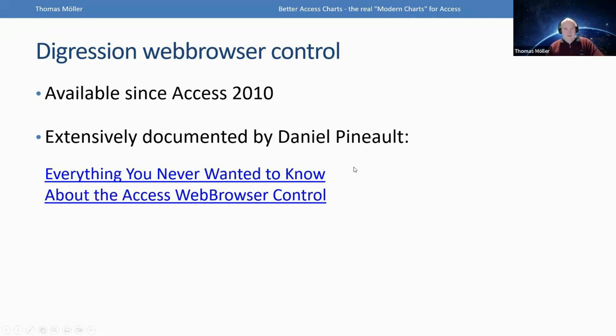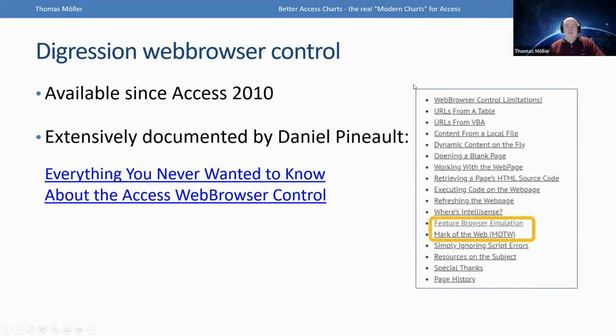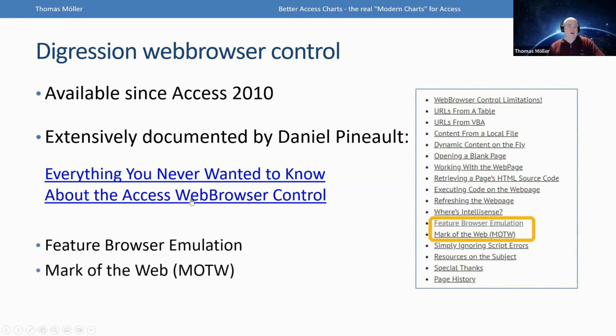I think that this is saying all we have to know. And I have a screenshot here with this table of contents. I marked two points we have to talk about: the feature browser emulation and the mark of the web. So let's have a look at the website from Daniel.